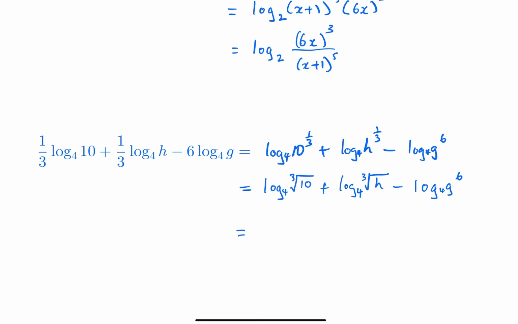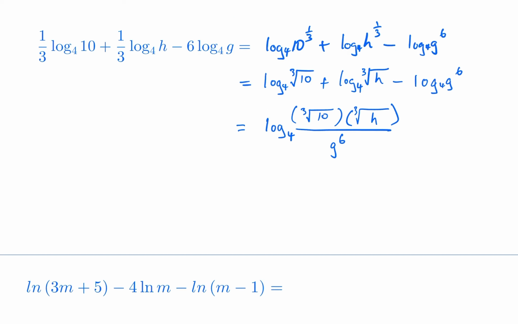We're going to keep that one as is. Now we have this plus situation, so they're going to be multiplied together and then a subtraction, which will give us a division. So now we're going to have the log base 4 of this entire thing. So this is going to be the cube root of 10 times the cube root of h divided by g to the 6th power.